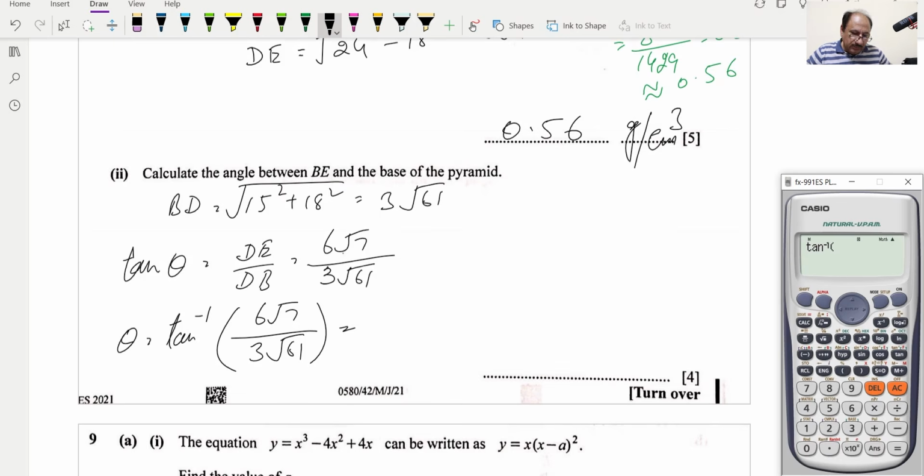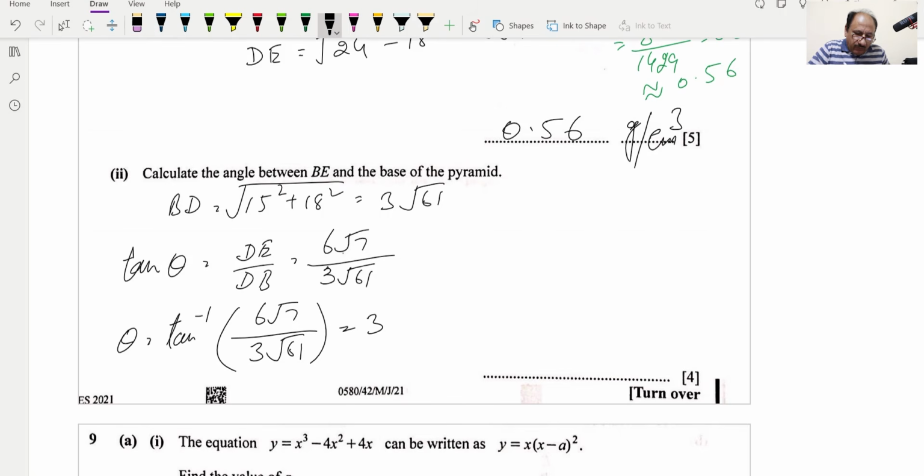Your calculator should be in degree mode, and this will be 6 root 7 over 3 root of 61, and bracket closed, and this is equal to 34.117 degrees, approximately 34.12 or 34.1 we can write.